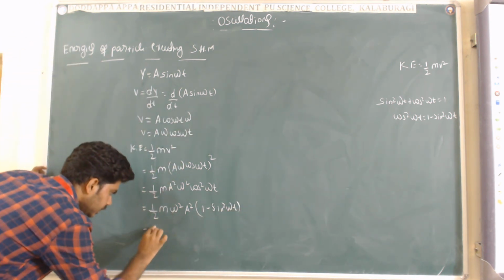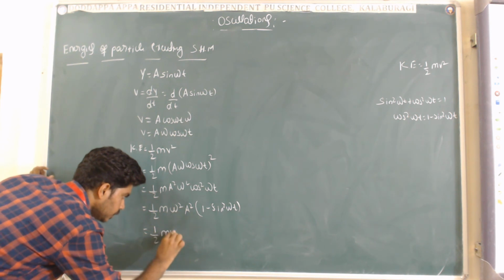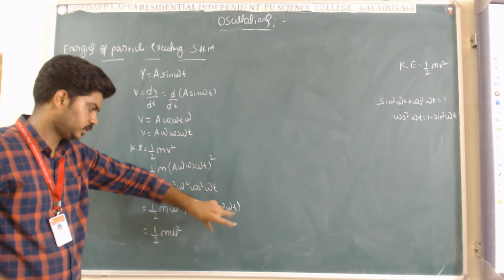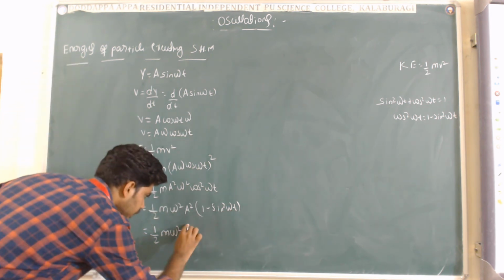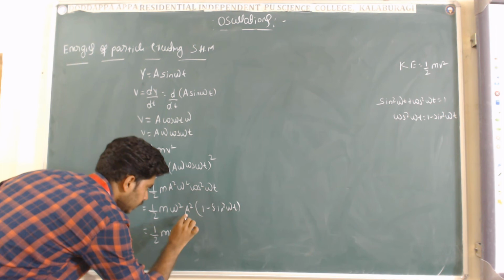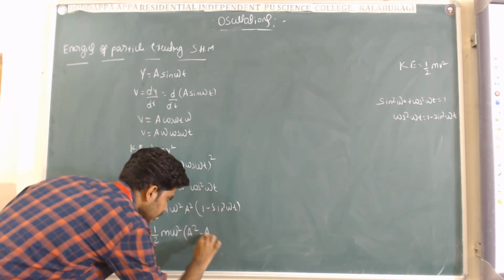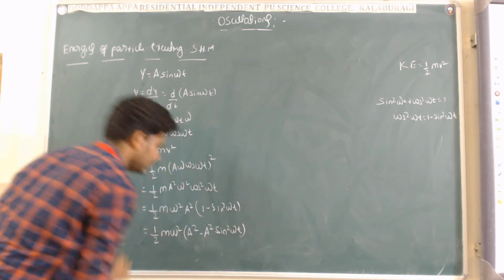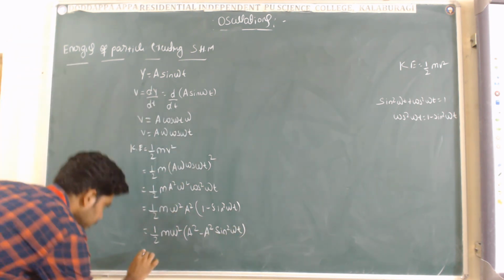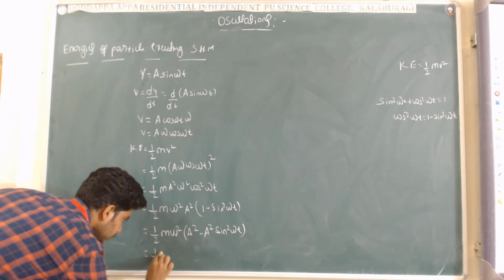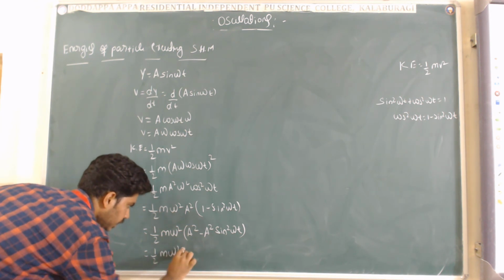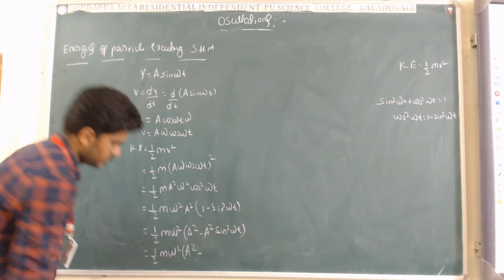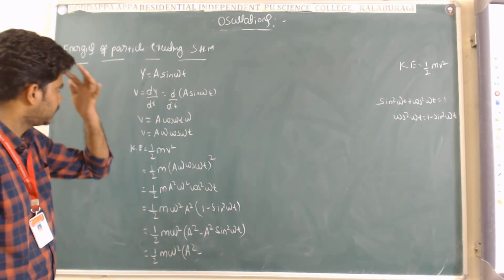After that, you write half m omega square as is and multiply a square to this term. So a square into 1 is a square, minus a square sin square omega t. So 1 by 2 m omega square into a square minus a square sin square omega t.